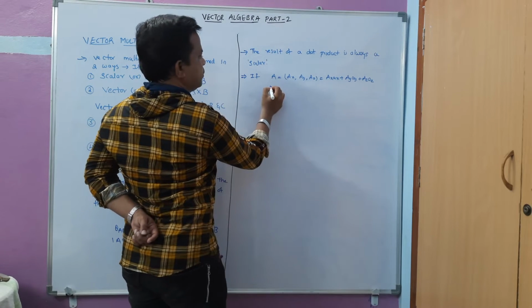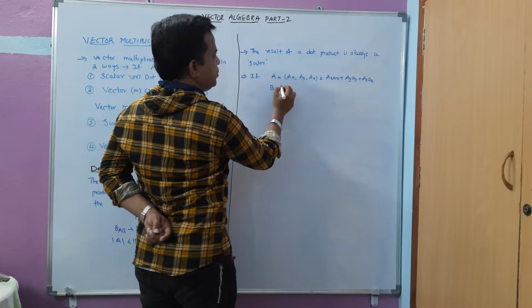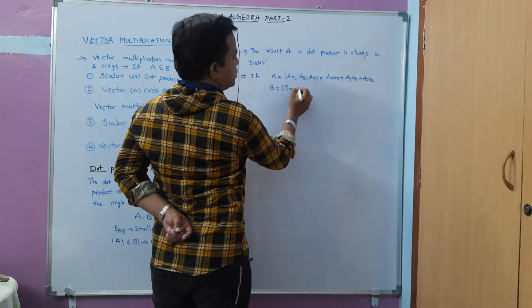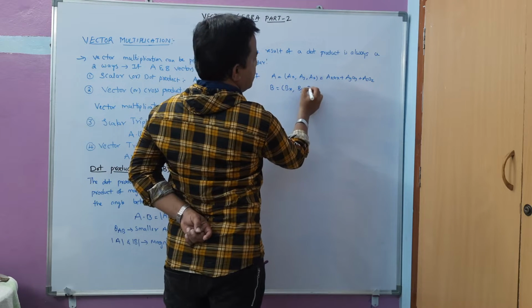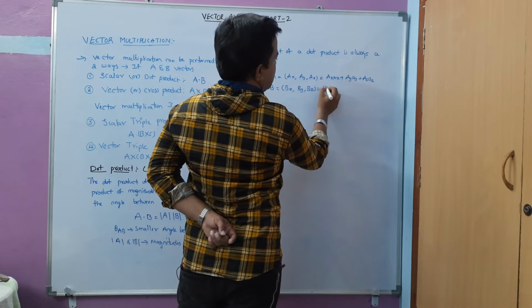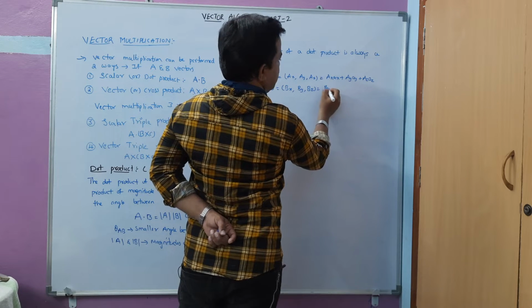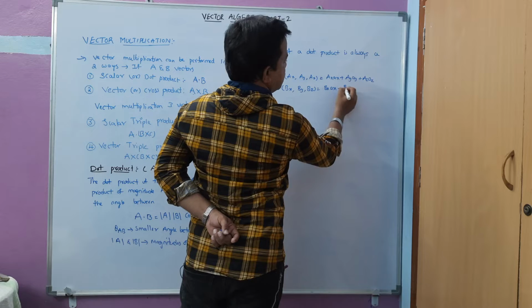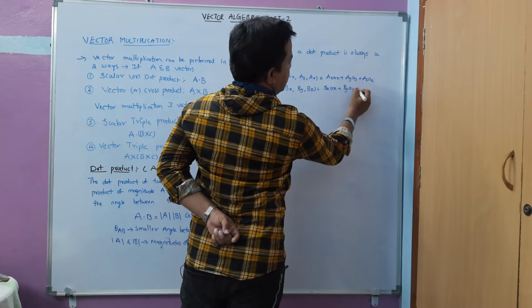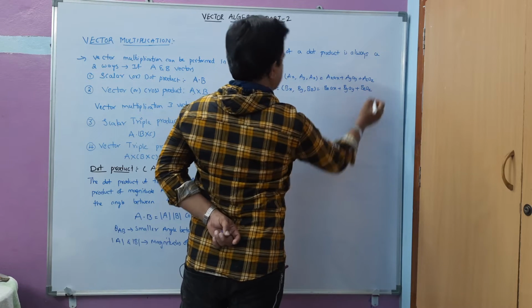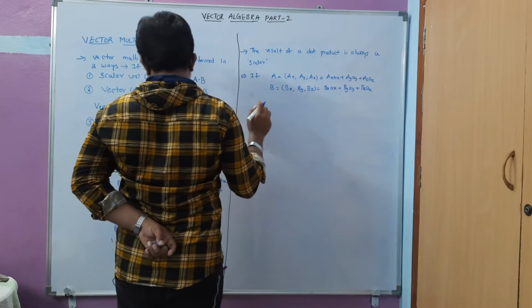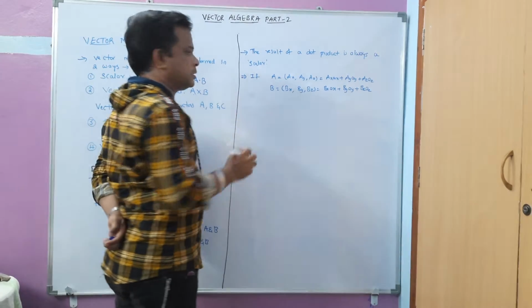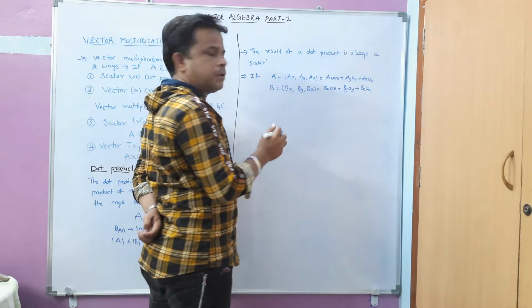Similarly, I can take another vector B, with components Bx, By and Bz, or else I can also write this as Bx plus By plus Bz. Now if I want to take the dot product of these two vectors, I can directly perform it like this.